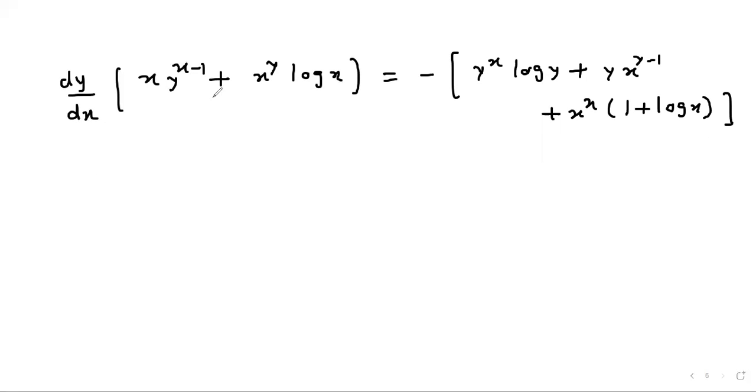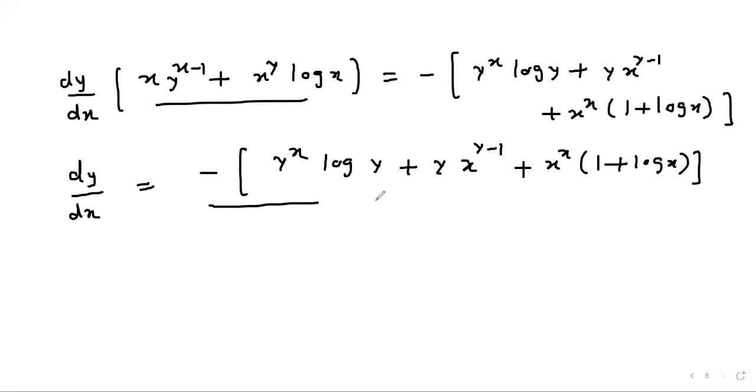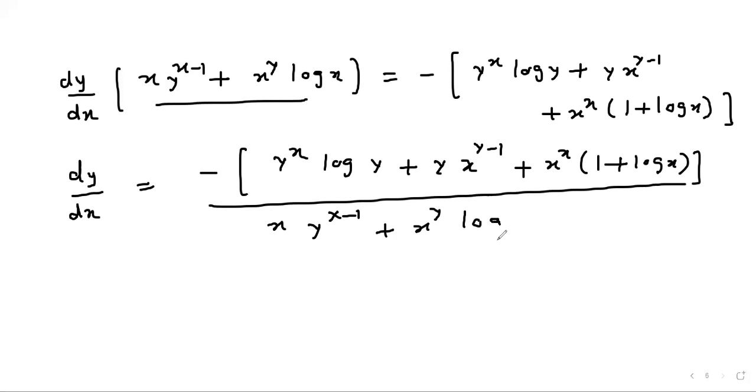Now we can divide this term by this term. So we get dy by dx equals minus y power x log y plus y x power y minus 1 plus x power x times 1 plus log x, whole divided by x y power x minus 1 plus x power y log x, which is the answer.